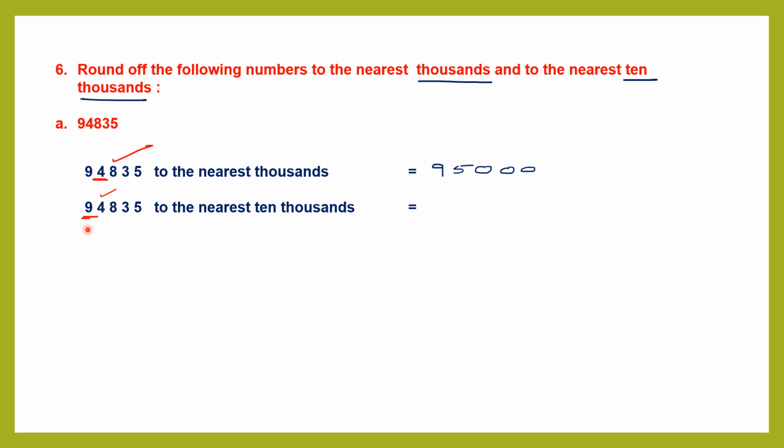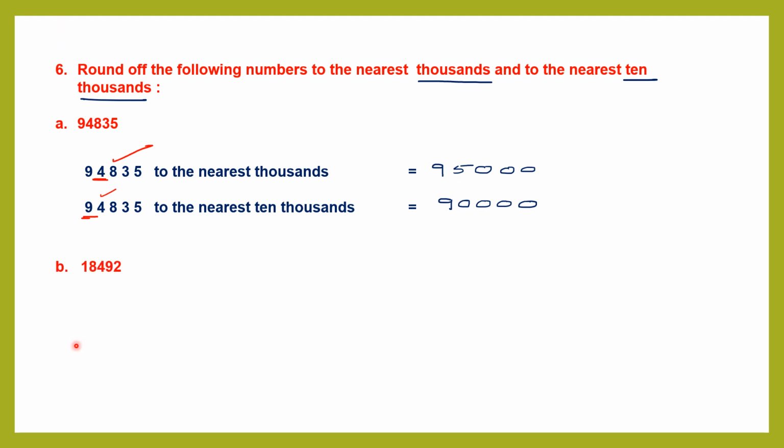That means 9 will remain as it is, and all the digits to its right will now change to zeros. So this is 9, and there are 4 digits, so there will be 4 zeros. 1, 2, 3, 4. So we have rounded off 94,835 to the nearest 10,000s, and the answer is 90,000.